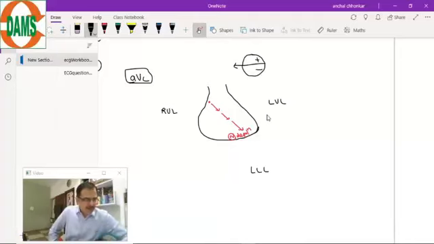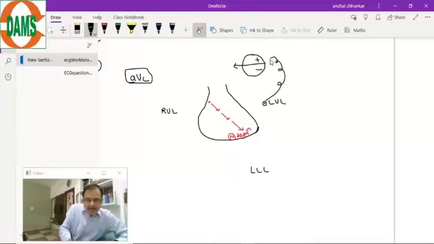If there is a black screen, you can pause and restart again, so it will be fine. Now coming to the lead AVL combination. Here from the left upper limb, the wire will go to the positive pole.